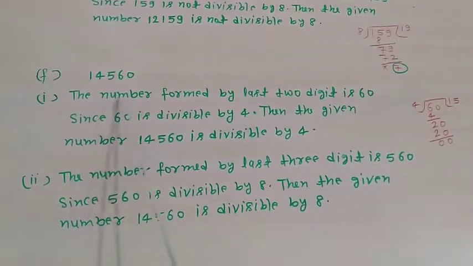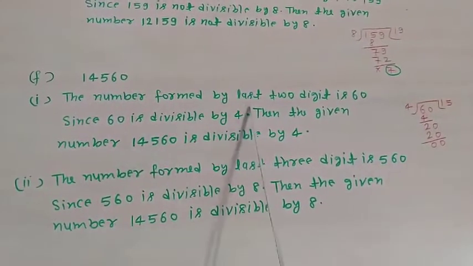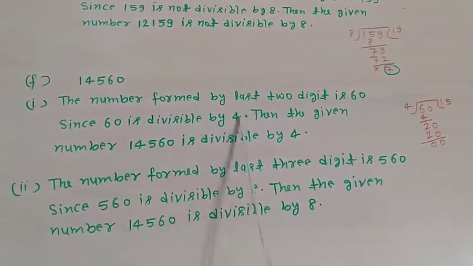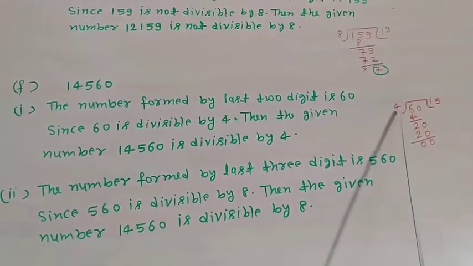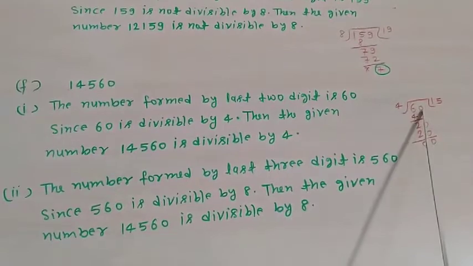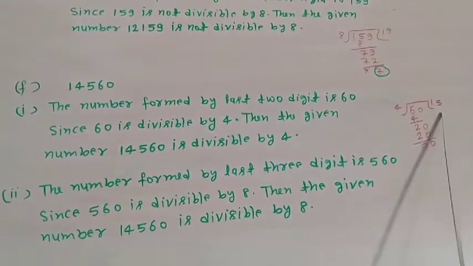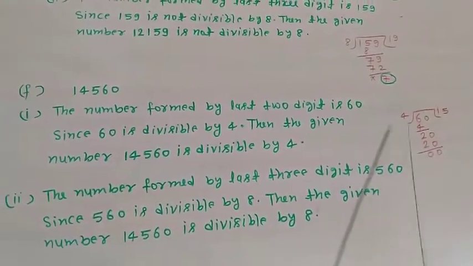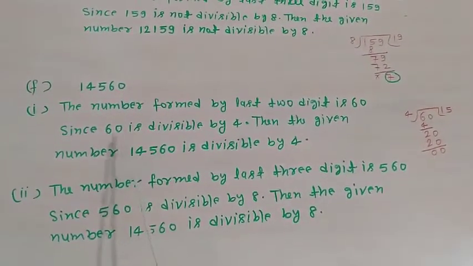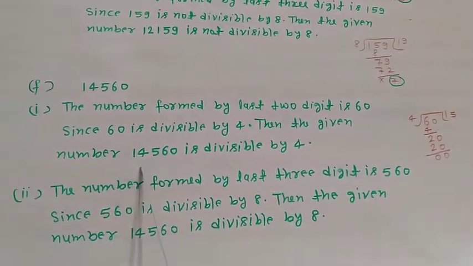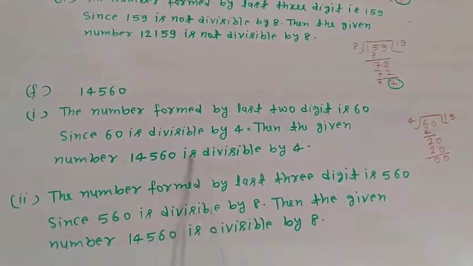The number formed by the last two digits is 60. Since 60 is divisible by 4, 4 divides 60 fifteen times and we get remainder 0. So 60 is divisible by 4, then the given number 14,560 is divisible by 4.